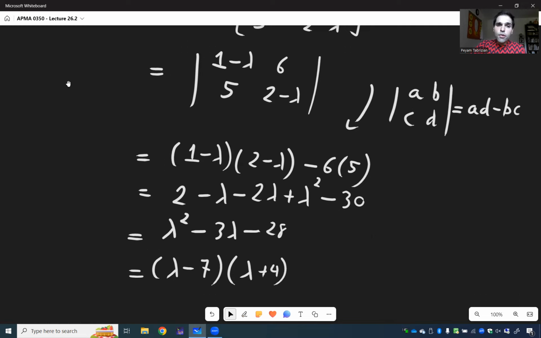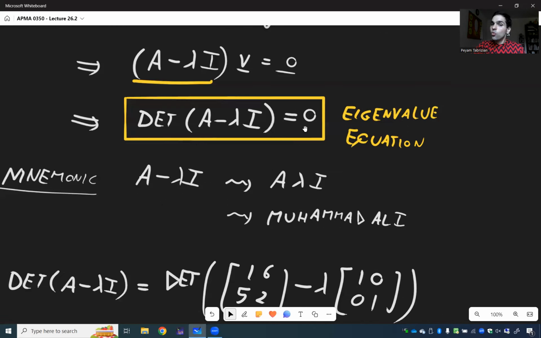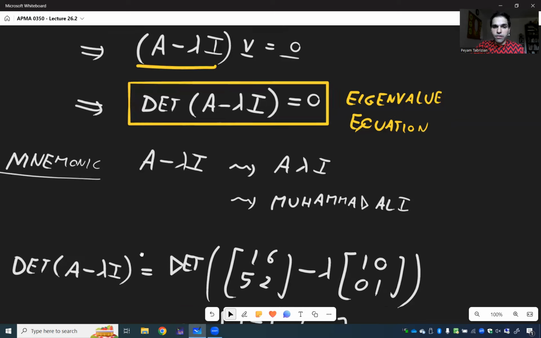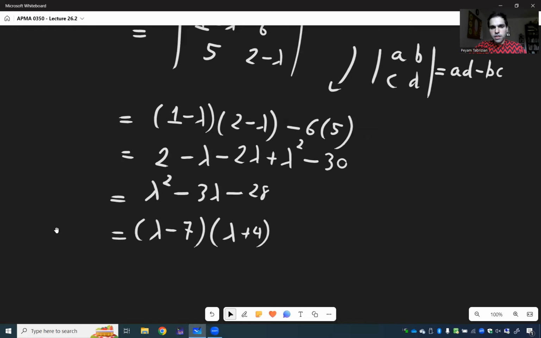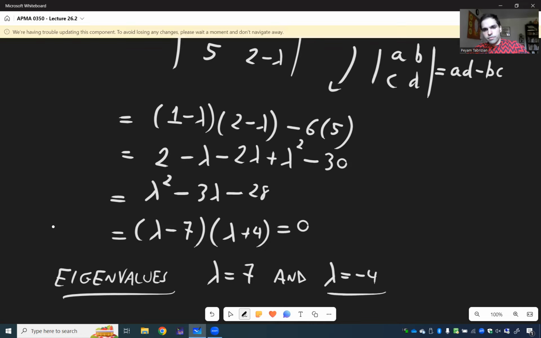And remember, that was the determinant. And our equation says we need to set this equal to 0. So we set this equal to 0, and then our eigenvalues in the end become lambda equals 7 and lambda equals minus 4.